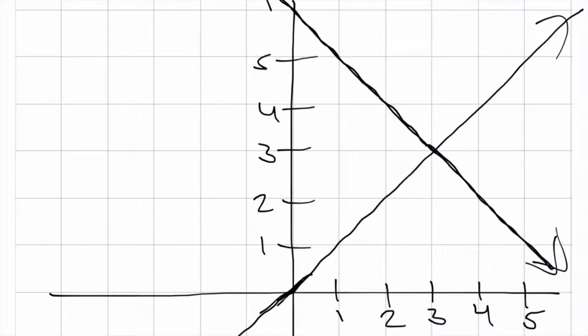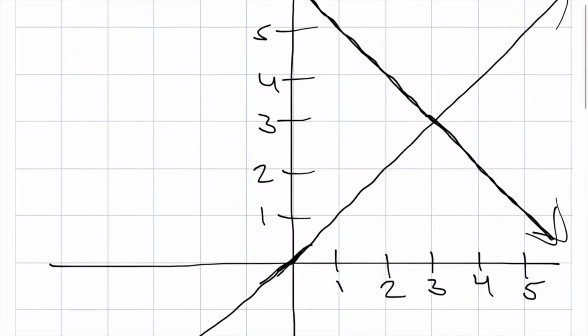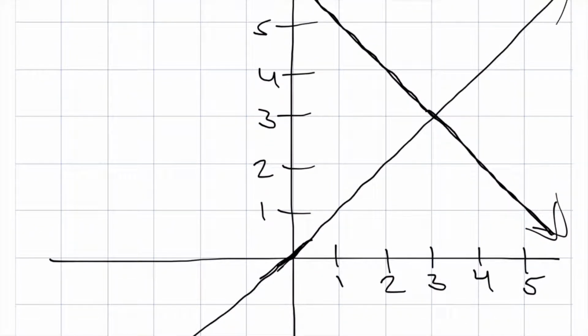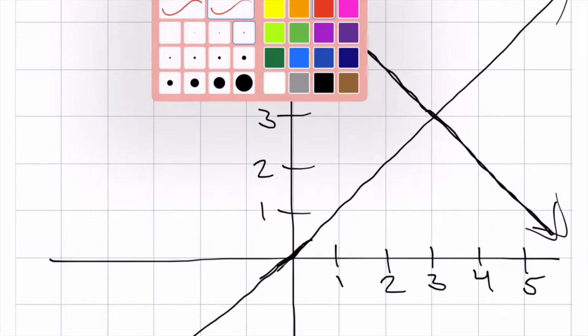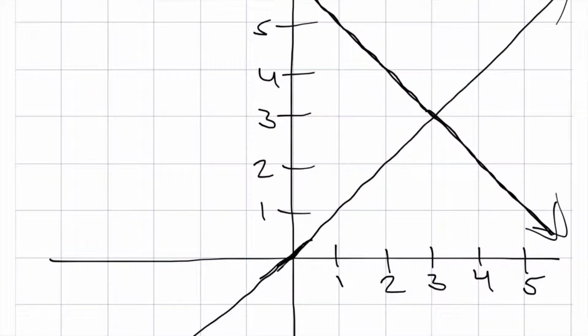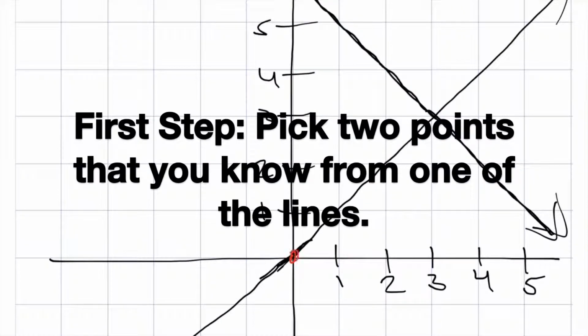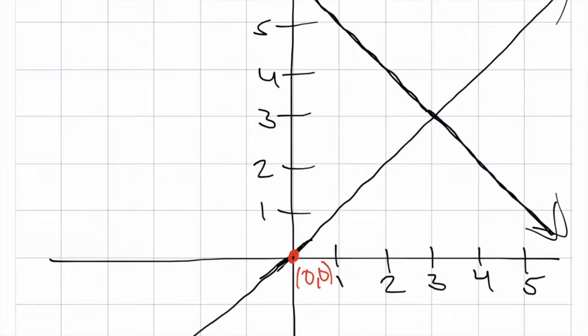Okay? So you're given two lines. The first thing you want to do is to find the equation of one line. And I'm going to go ahead and just start picking points, okay? So you have a point here, 0, 0. We might use all these. And we have a point here where the two lines intersect at 3, 3.